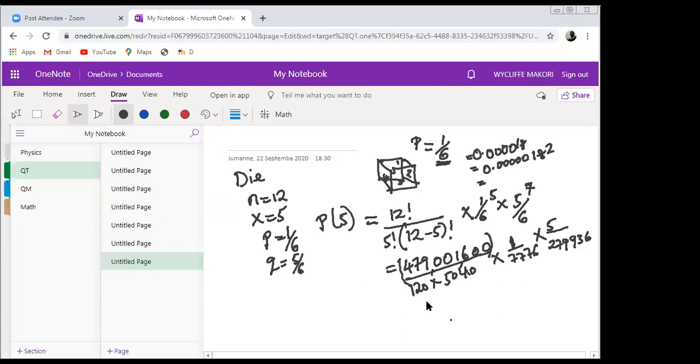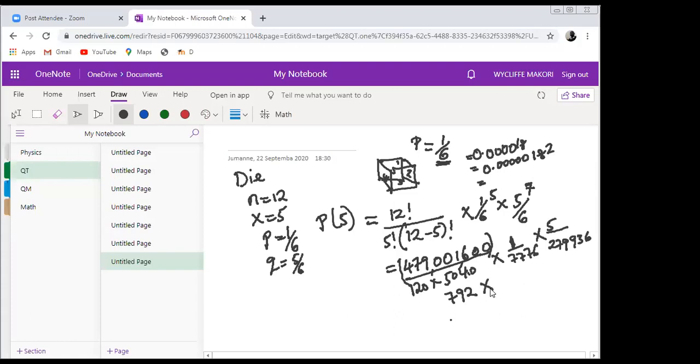I have it as 604 800. Then I do 479 001 600 divide by answer, which gives me 792. Did you get something like that?